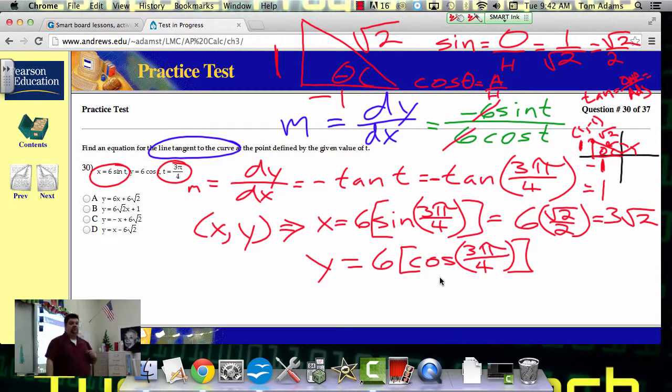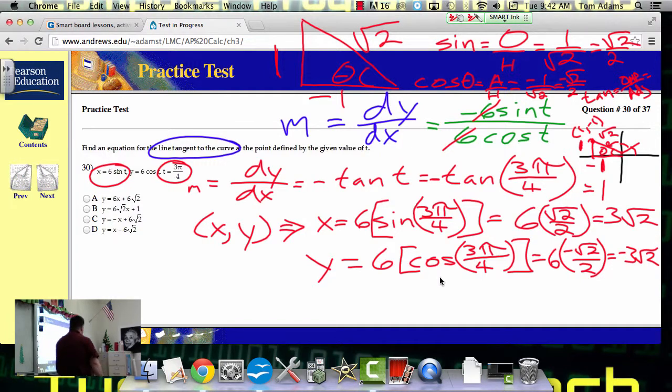Sorry, I screwed that one up. I got a little excited; I need to stay in the moment. So cosine would be negative 1 over the square root of 2, or negative root 2 over 2. So y is 6 times negative root 2 over 2, which is negative 3 root 2.